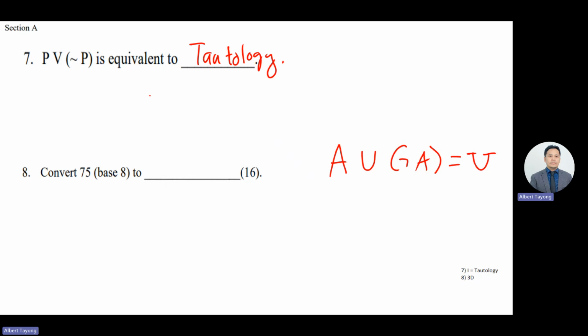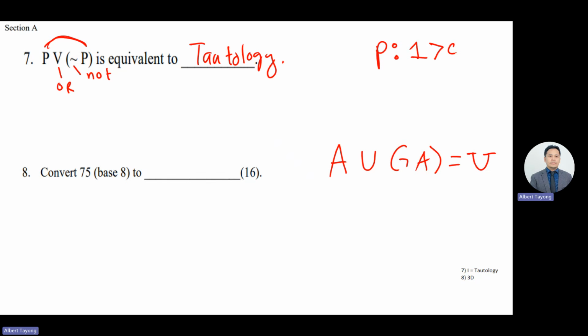We can also prove this using a truth table. Here we have only one proposition, that is P, because this is a logical operator or, and this is also a logical operator not. This is inclusive or.